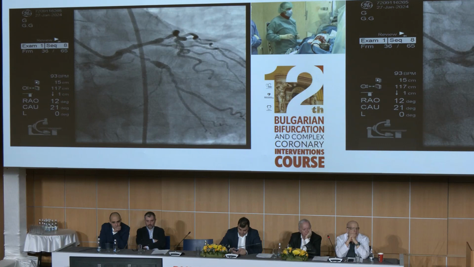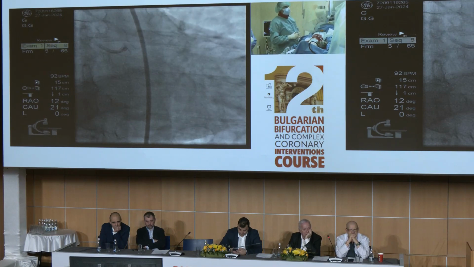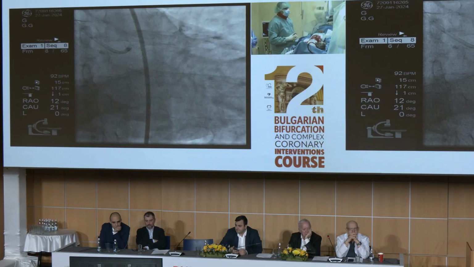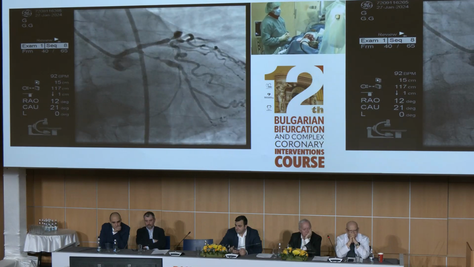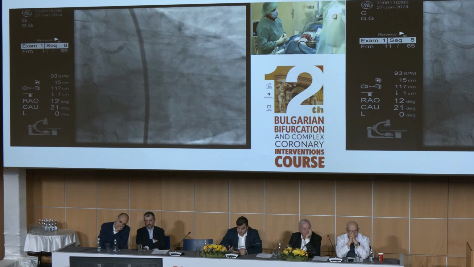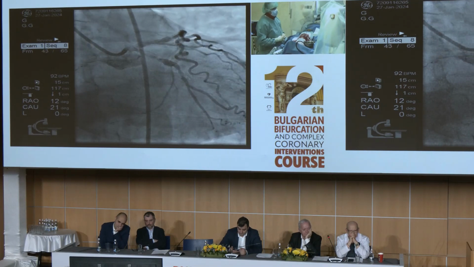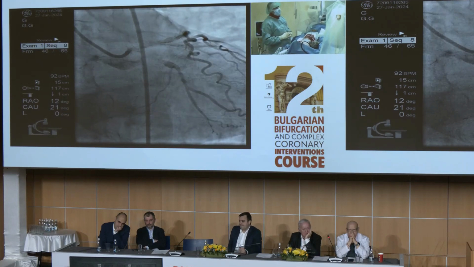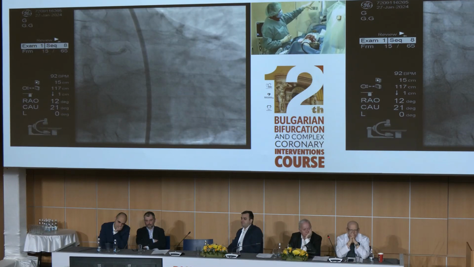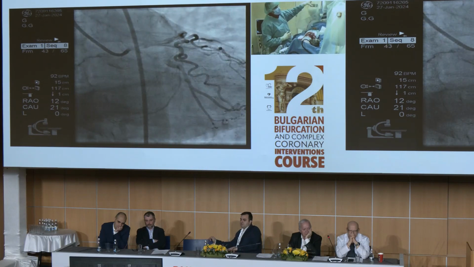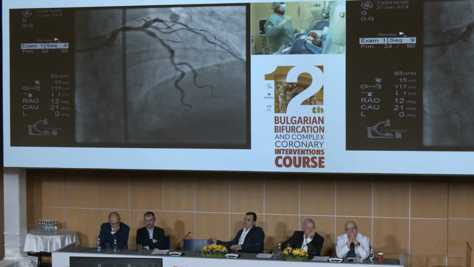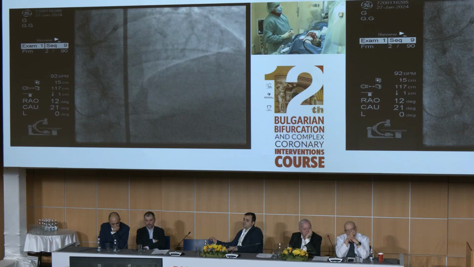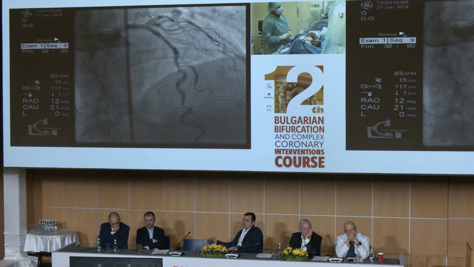And this is the left coronary system. The circumflex artery is highly diseased, with a long tight stenosis at the proximal and distal segments, with a 2.2 millimeter obtuse marginal branch, and a tight stenosis on the LAD, which was a double railway in all projections in the proximal LAD.